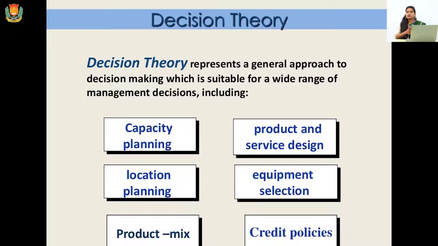It can be the selection of equipment, a decision related to location or layout of facilities, or related to raw material, product mix, or marketing mix strategies. So it includes a large number of sub-parts on which a manager takes decisions.